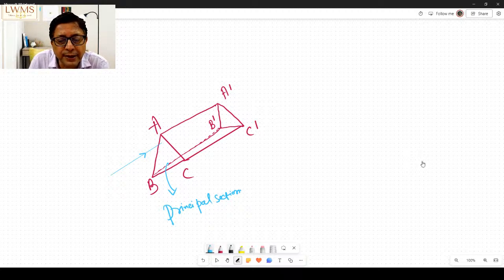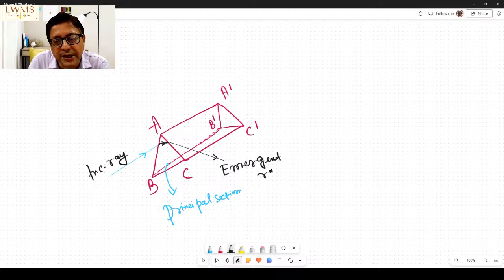Light suffering a refraction this manner, goes this way, then refracted this way. Now this light, this will be referred to as the incident ray, this is the emergent ray, and this one is the refracted ray.